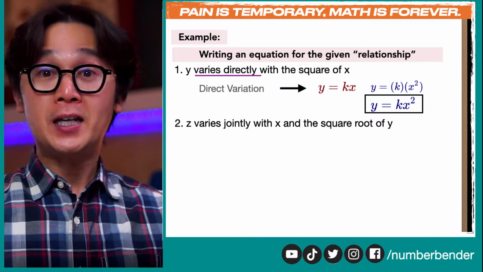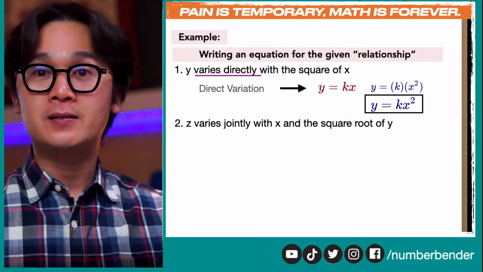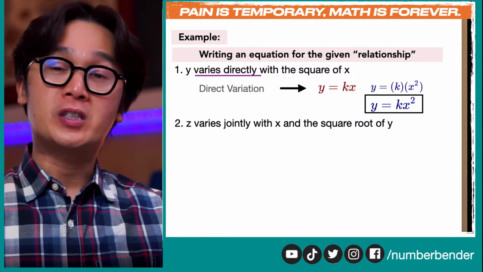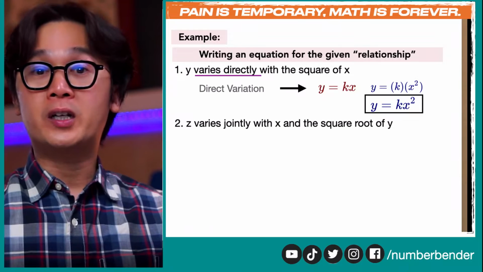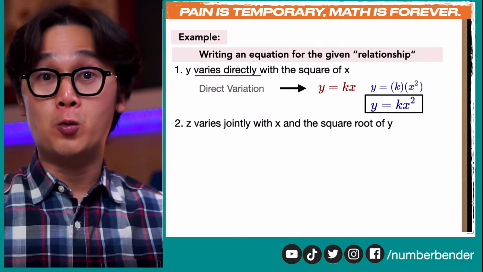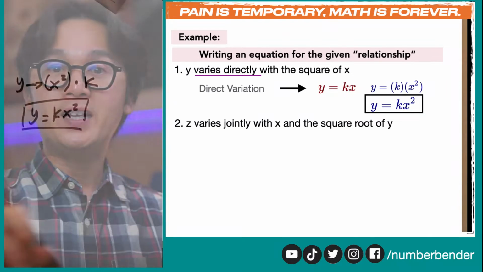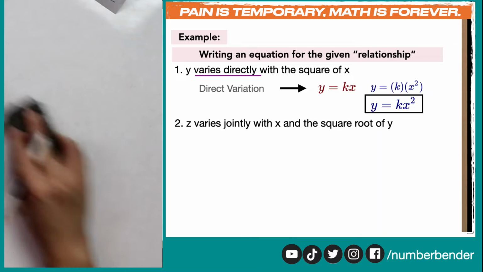So working with the second translation, which is z varies jointly with x and the square root of y. So we're working with joint variation, which means we are working with two or more variables for our given output. And in this case, the output is the z variable.